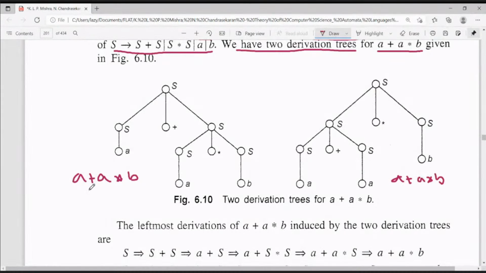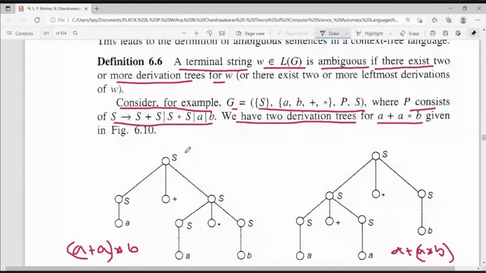Basically, what we are saying is, whether we do this operation first or we do this operation first, there are two ways to interpret the same thing. That's why this grammar is ambiguous. So we don't want that.